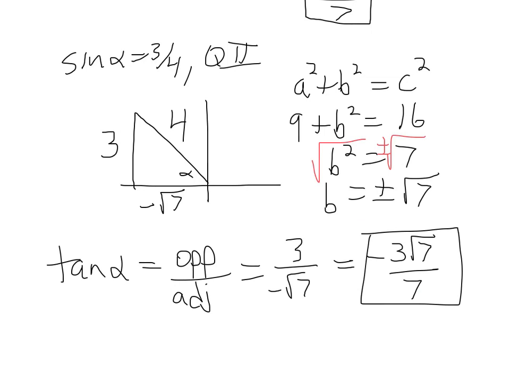Moving on. We have simplify the expression cotangent x secant x sine x. This is just a matter of knowing our identities.